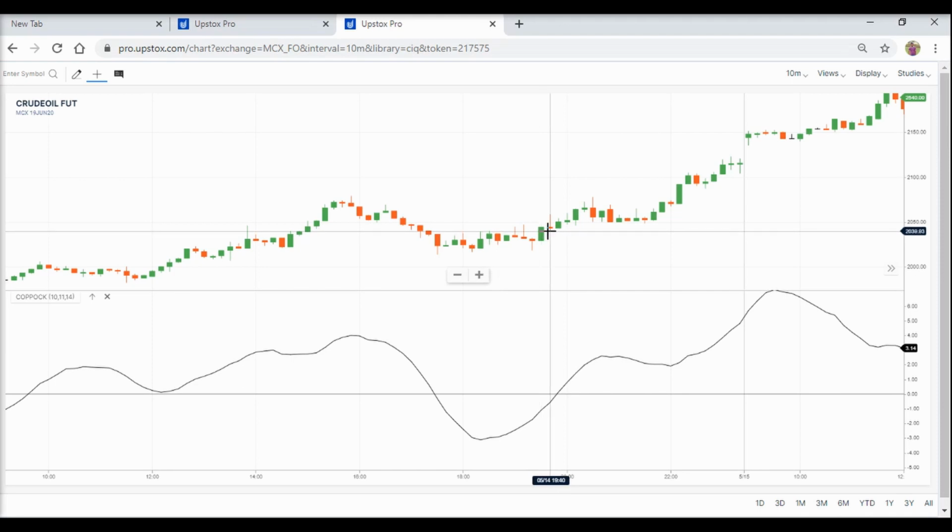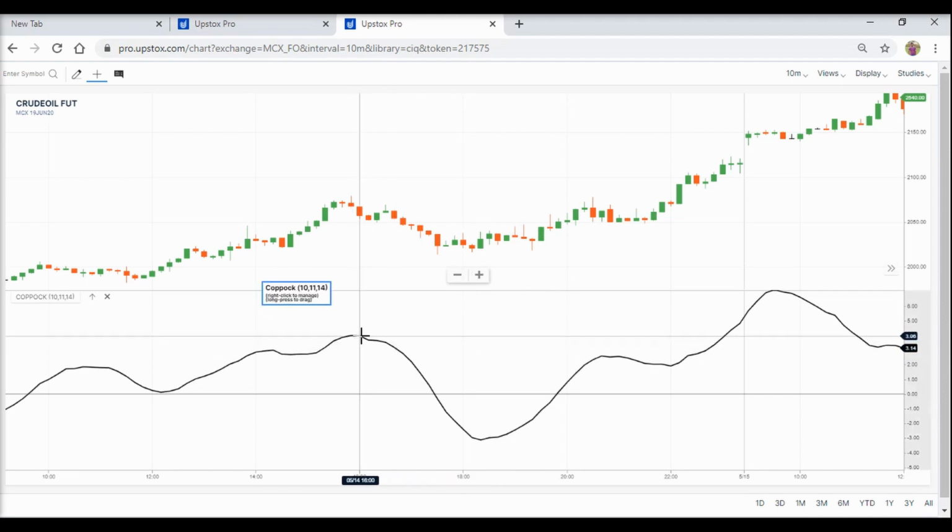You will not be earning anything. To avoid this, you should short your position from here itself. When the kappa curve increases from zero and goes to the saturation level, when it starts going back to the zero level, from the peak you should go for a short position.